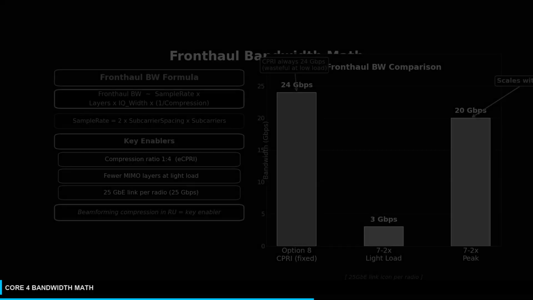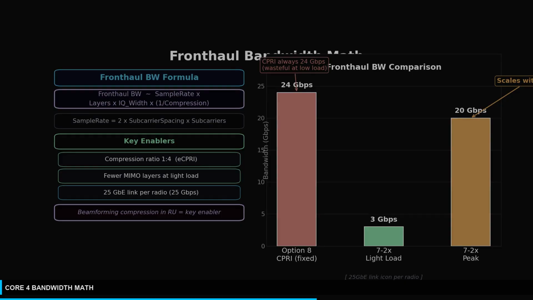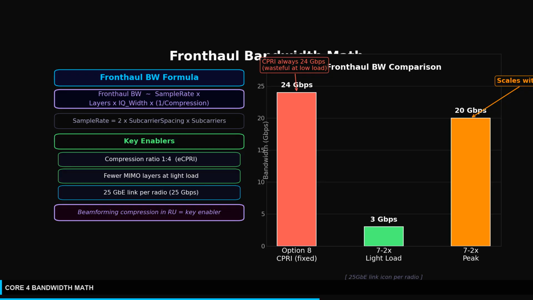Let's make the capacity planning concrete, because this is where engineers get burned. With 7.2x, fronthaul bandwidth depends on a handful of variables: channel bandwidth, number of antenna layers or spatial streams, IQ sample width, and how much of the cell is actually loaded. Here's the rough shape.